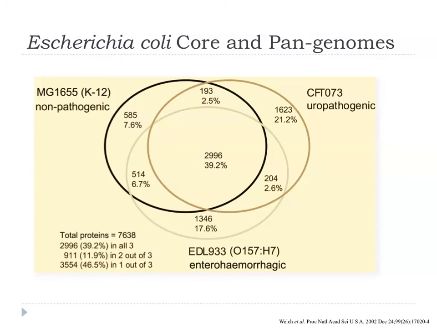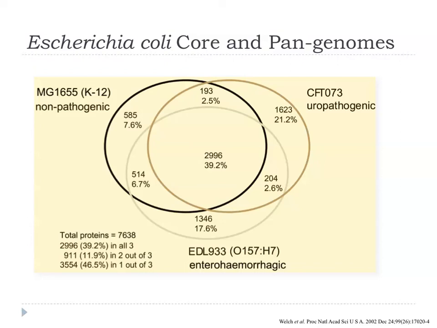Illustrate these concepts more concretely with E. coli. This figure here comes from a very early paper on the genomics of E. coli back in 2002. This is the first time where we had 3 different bacterial genomes from the same species, from E. coli. And what we found, surprisingly, was that actually that core genome, the number of genes that were present in all 3 strains, is actually very much a minority of the pan-genome, of all the genes present in the species.